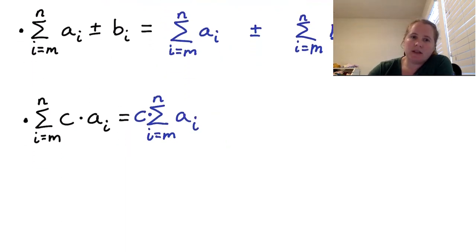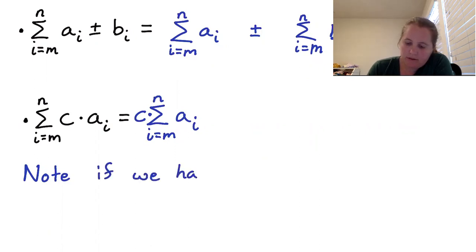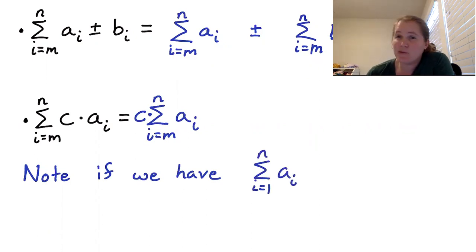So essentially, note if we have a summation from i equals 1 to n of a sub i, where a sub i is some sort of polynomial in terms of i.